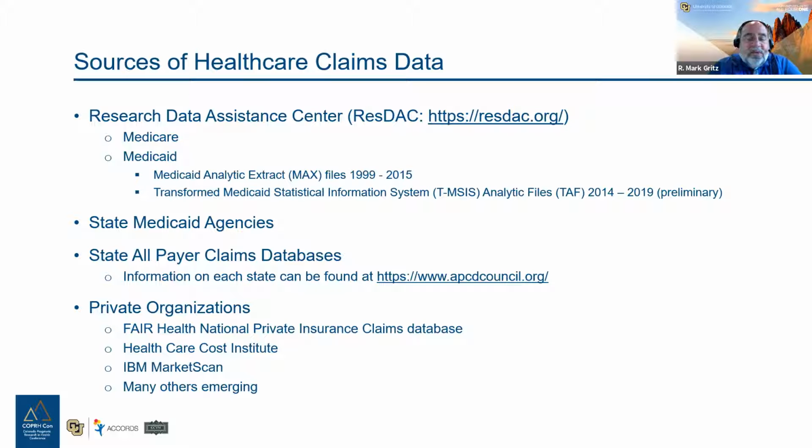Here in Colorado, we have the Colorado State All-Payer Claims Database that is managed by the Center for Improving Value in Healthcare, or CIVHC. And it is one of, in my opinion, the best state all-payer claims databases in the country. They've done a great deal of work in putting together an all-payer claims database for the state.